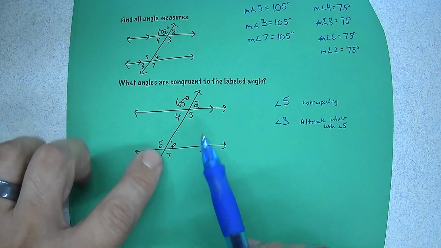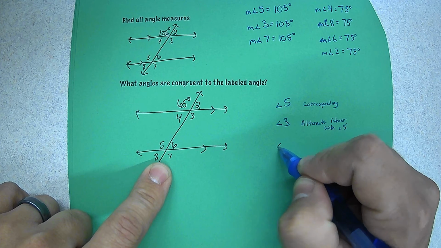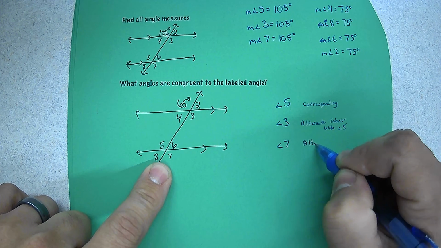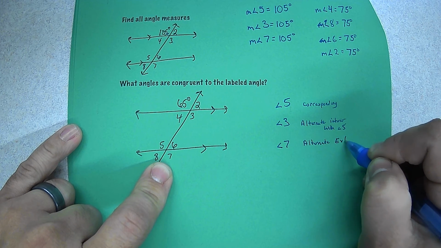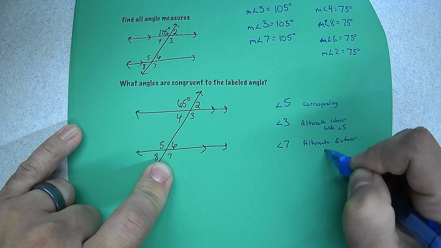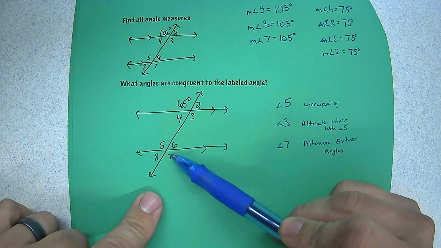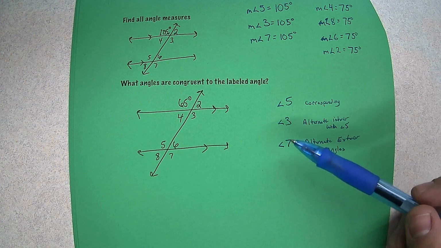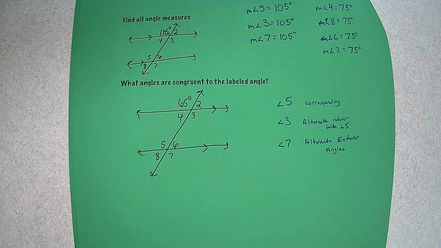And then we could have alternate exterior with angle 7. So these are alternate exteriors. These are the 3 additional angles that are going to be congruent to the measure of angle 6.